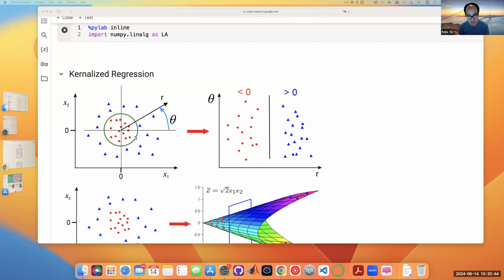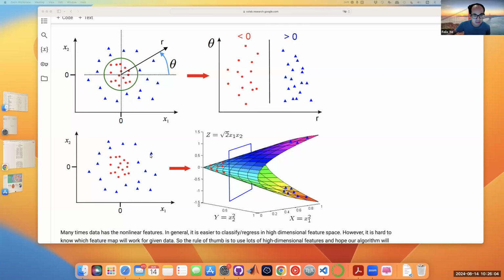It will be much better if we can work on some transformations of the pixel values, which could be so much more meaningful than raw pixels.